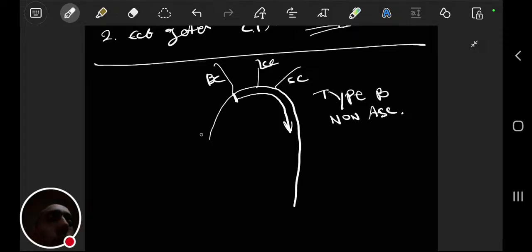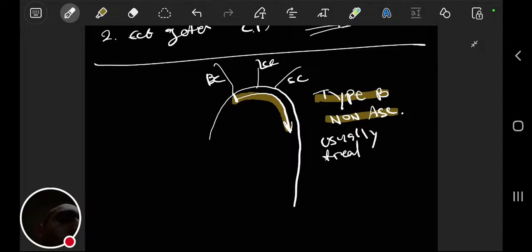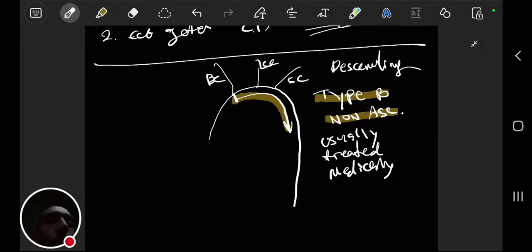Now, let's color it in this color. From here on, we have type B, non-ascending, which is usually treated medically, as we said before, because this is a descending or non-ascending aortic dissection.